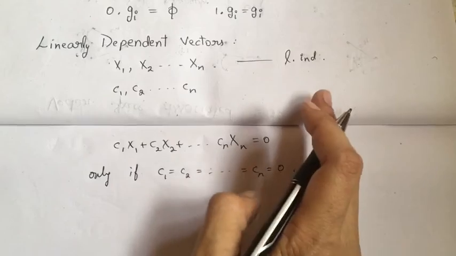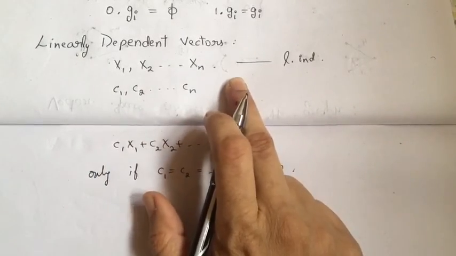Otherwise, this set of vectors is called linearly dependent.